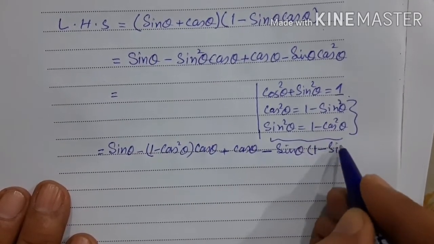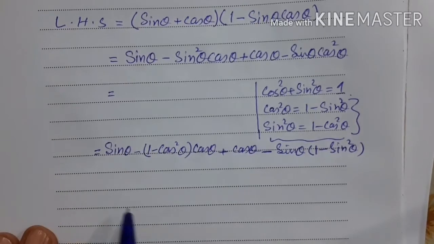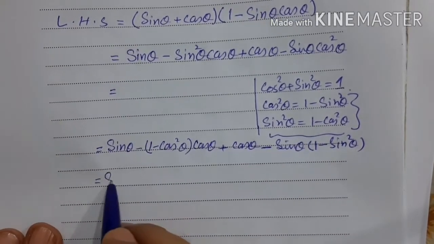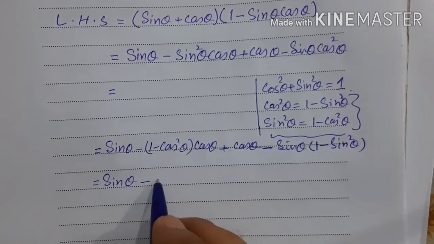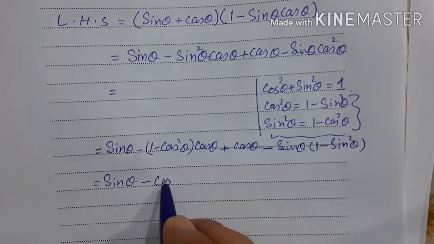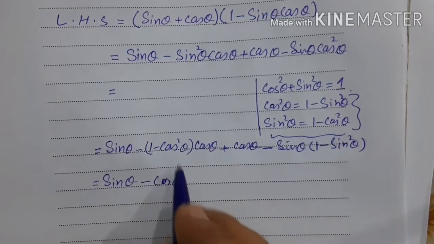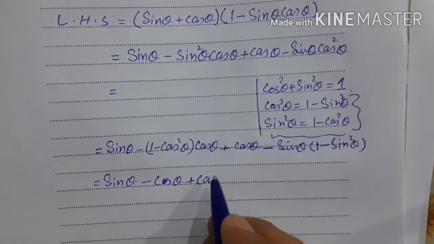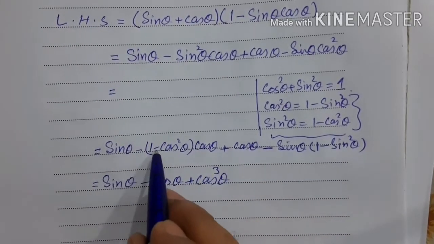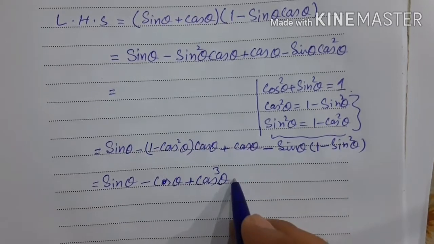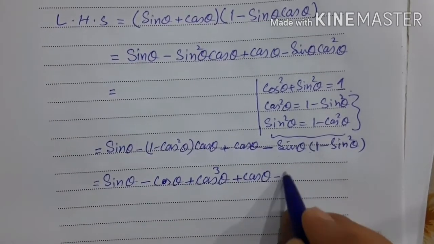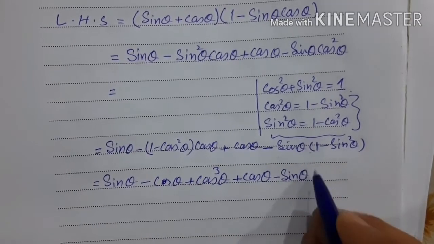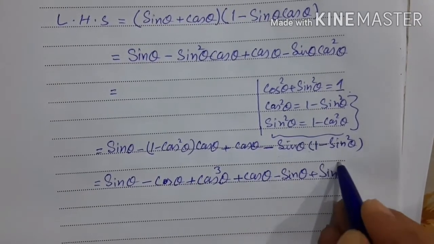So this will become sine theta minus cos theta, minus cos theta plus cos cube theta, because there is minus outside, so this minus will become plus. Plus cos theta minus sine theta plus sine cube theta.